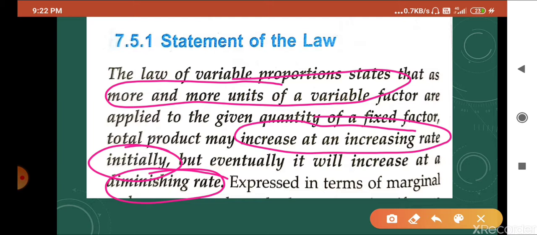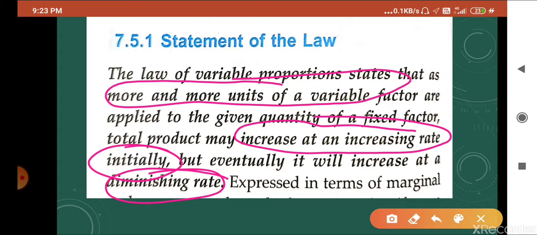Next, initially it increases at an increasing rate. In the starting phase, till the optimum limit is utilized, TP is increasing rapidly. But afterwards, after becoming constant, TP starts declining, meaning it decreases at a decreasing rate. This is the law of variable proportion.